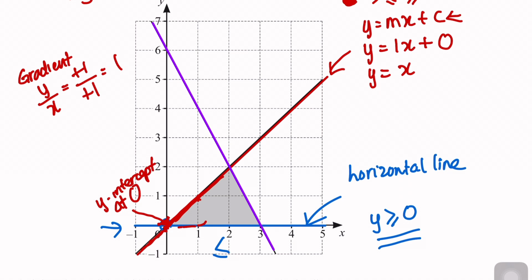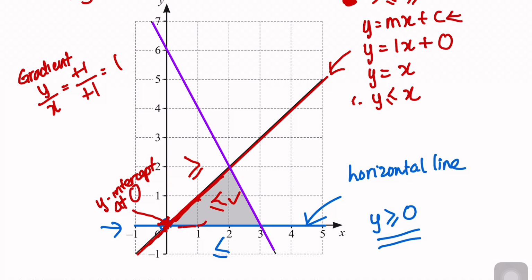Above the line we usually use greater or equal, and below the line will be lesser or equal. For this case, the area shaded is under the line, so we have to use lesser or equal to. So therefore the final equation will be y is lesser or equal to x. That's for the red line only.